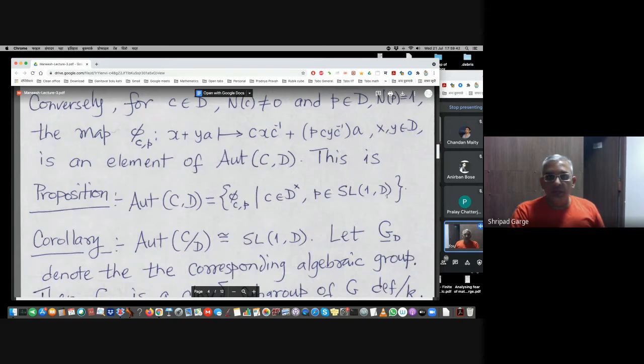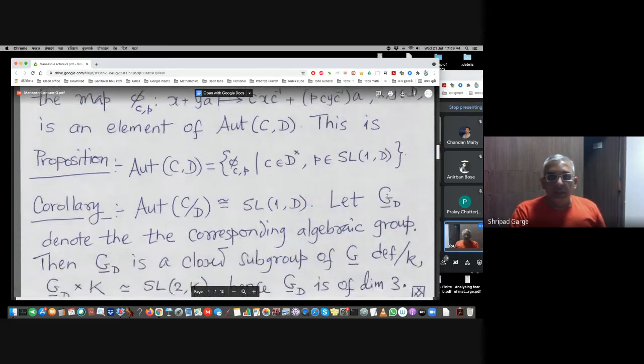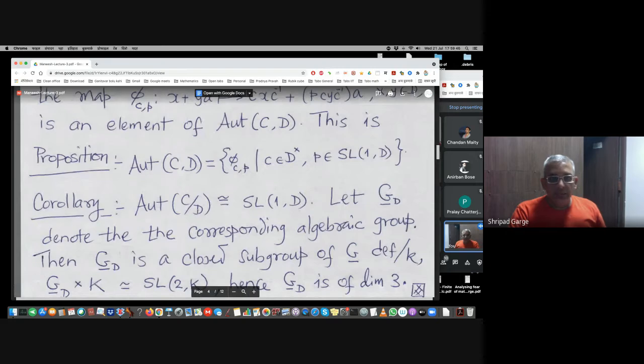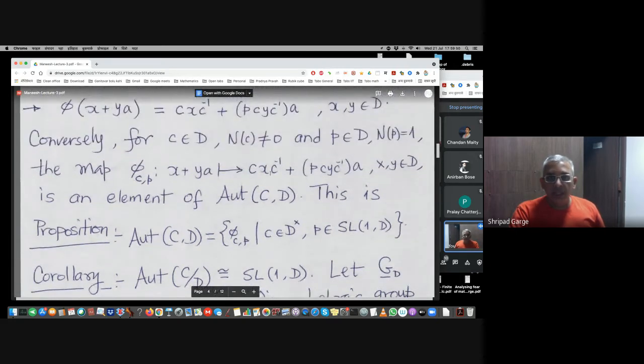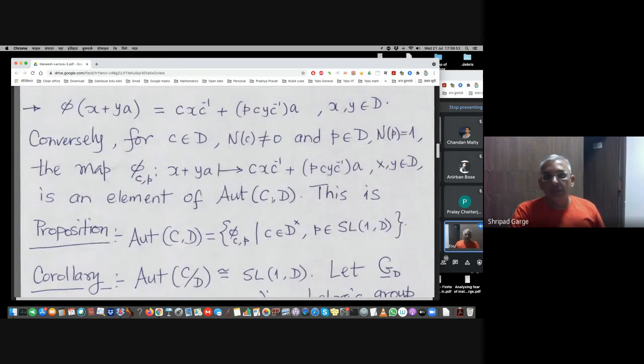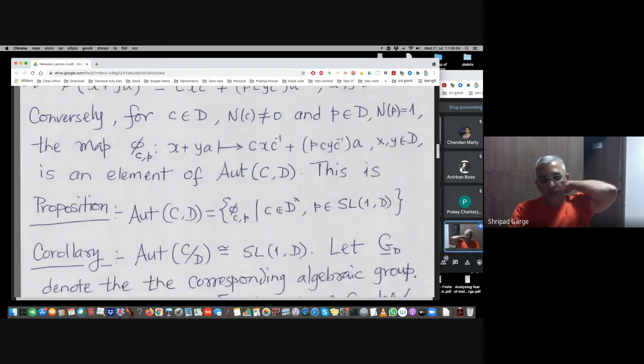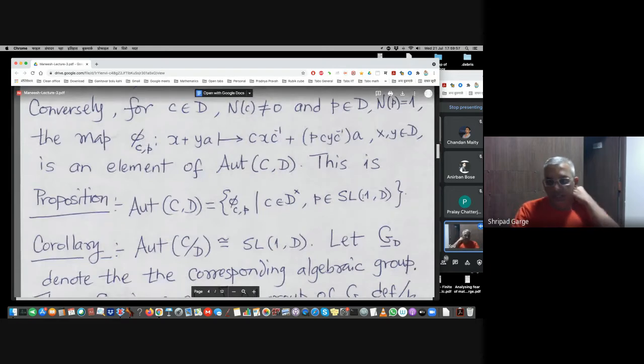So you have some kind of a product here. And if D is fixed pointwise, then the conjugation will have to be coming from the center of D, but then there is no effect on the automorphism. So it is only SL1(D). So Aut(C, D) is some kind of a product of D cross and SL1(D).